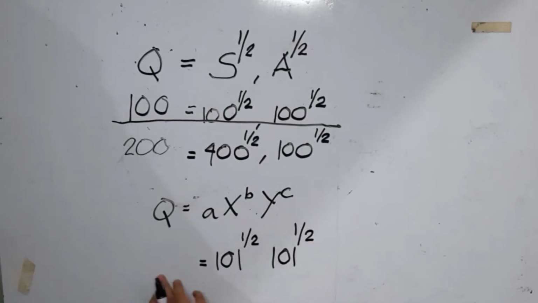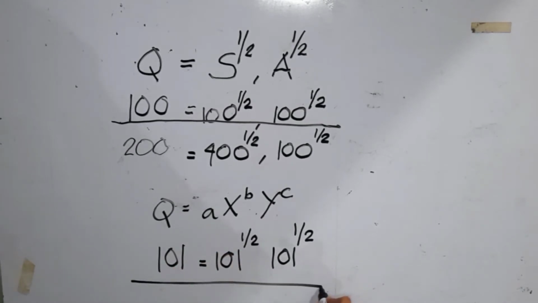What would happen to our quantity of auto parts? You compute this, and you'll get 101. So this is the constant returns to scale. A 1% change in all inputs will result in a 1% change in our output.